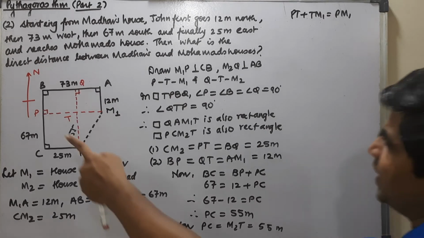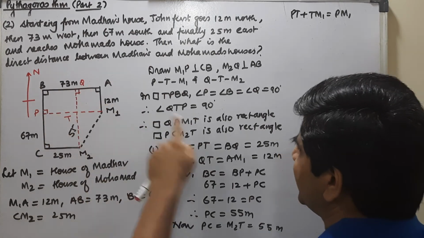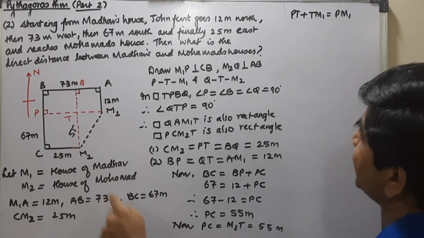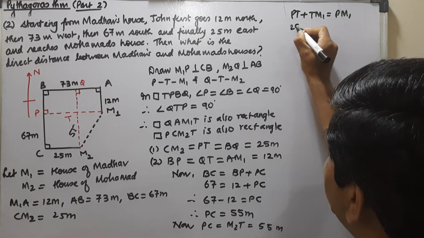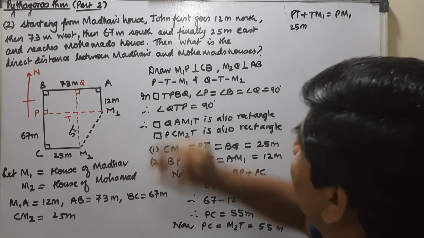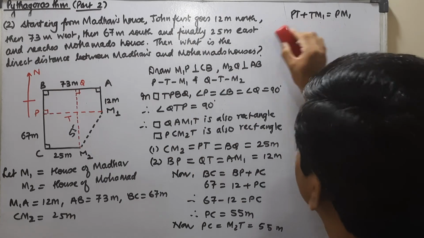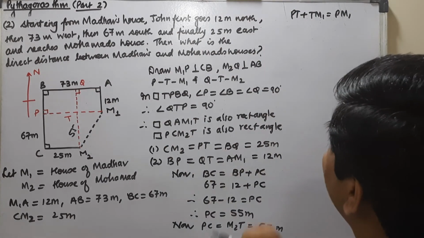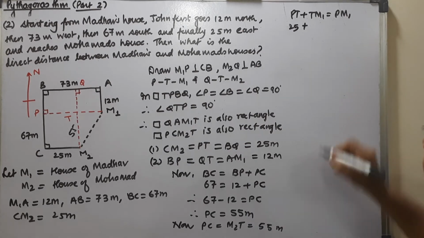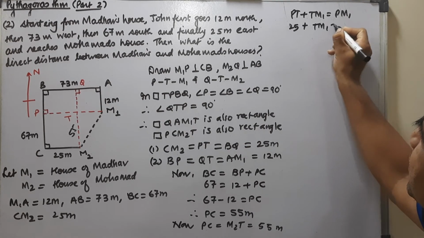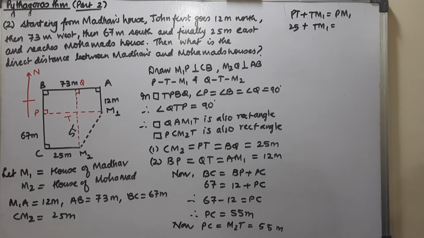Now this PT is equal to BQ, also equal to CM2. That means PT is your 25. And TM1, which is not known, is equal to PM1.